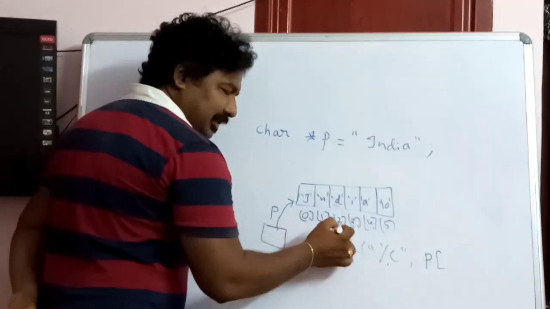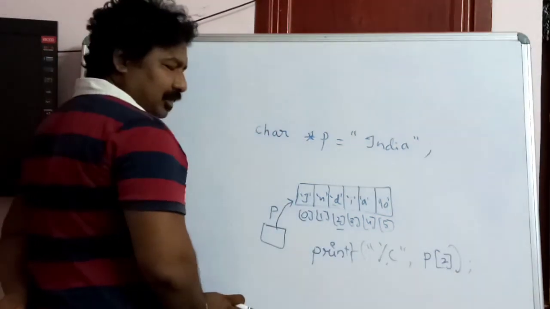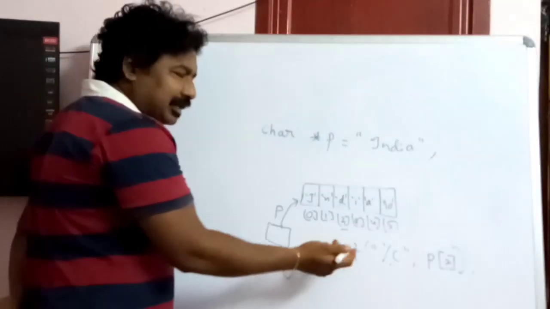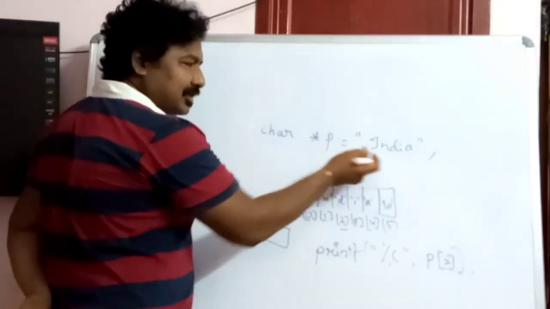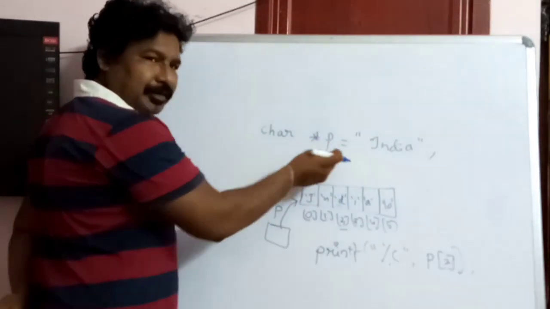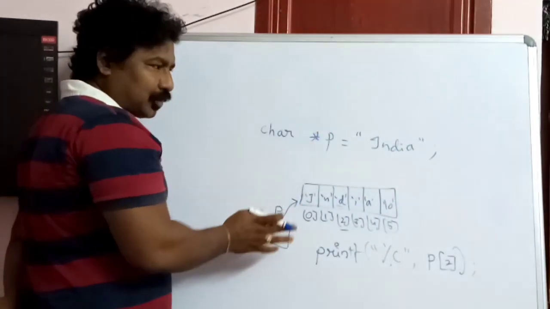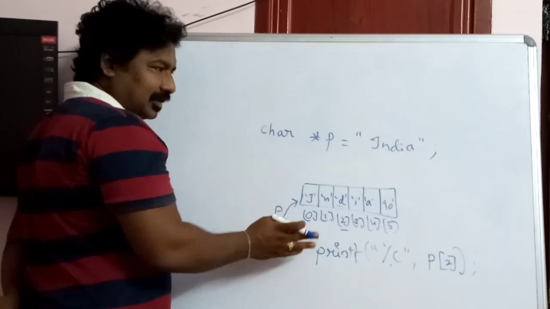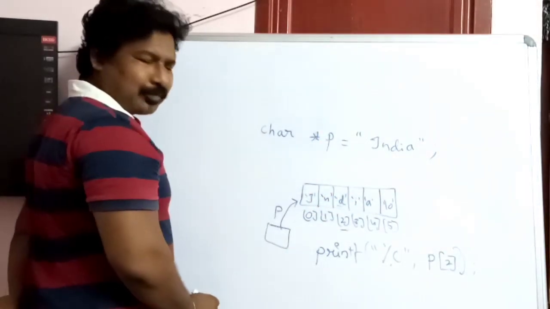The letter D's index value is 2, so I can use the index value 2 like this. This printf statement will print the character D on the screen. That means we are just accessing a single character from this string. This is how pointers and strings are related. With this concept, we can say that strings can be created with character pointers.